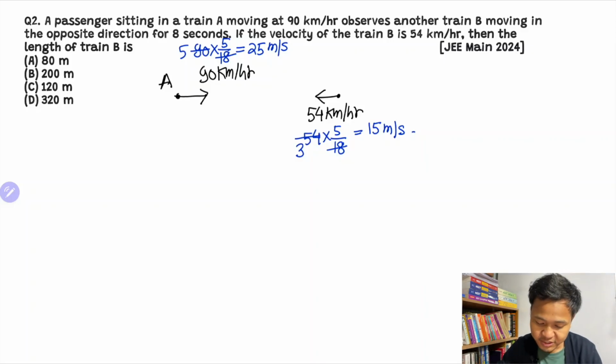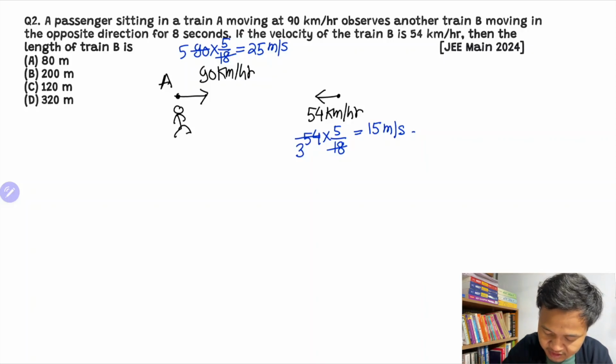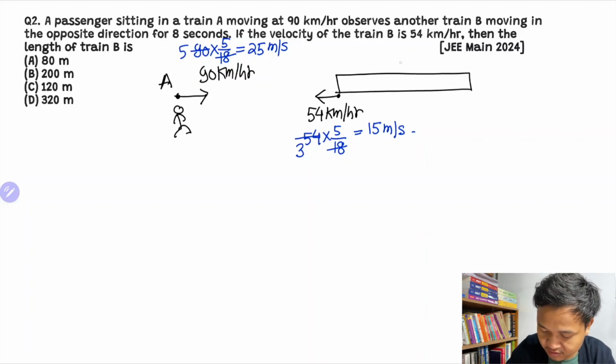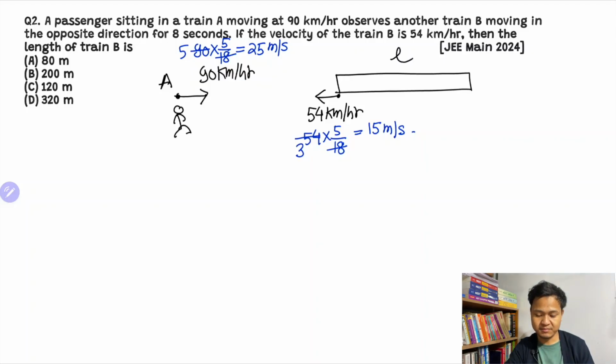So a passenger observes. Here you have one person, the passenger, and here the train. The train is very long, so let's say the length of the train is L. This is an important question type.